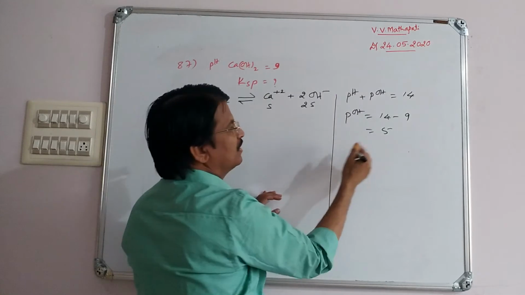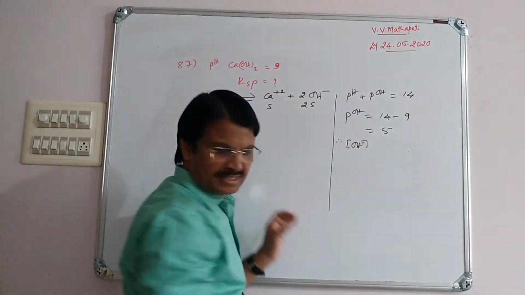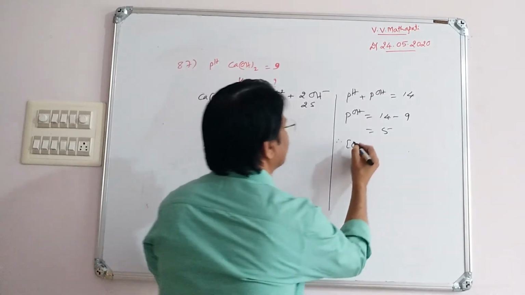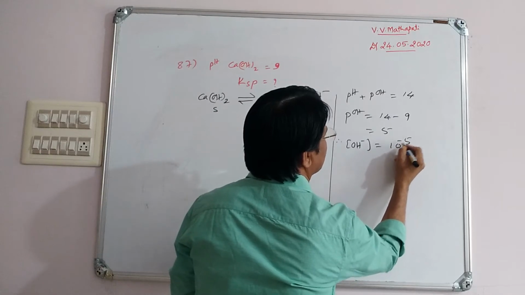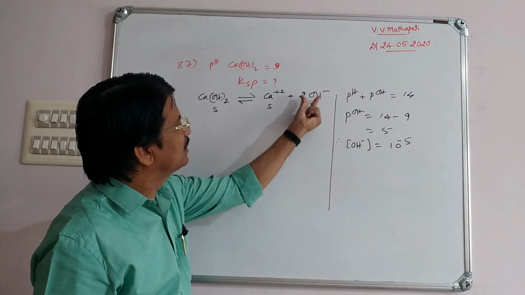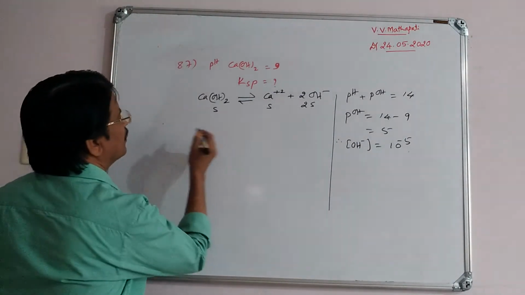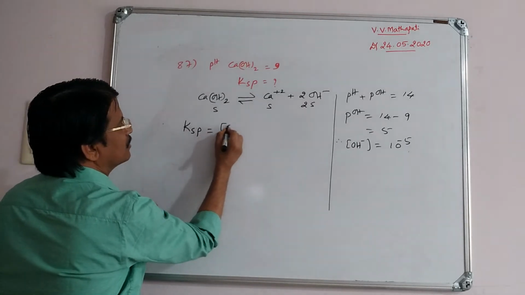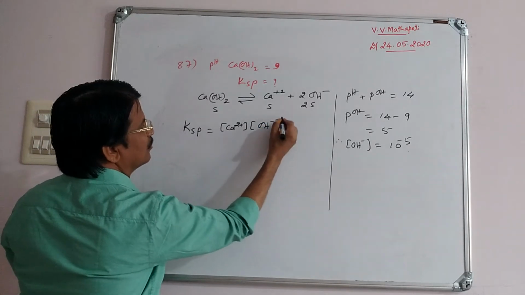If pOH is 5, therefore the OH ion concentration equals 10 to the power minus 5. So 2S, the OH ion concentration, equals 10 raised to minus 5. KSP formula for this equation is the concentration of calcium ion times hydroxyl ion square.